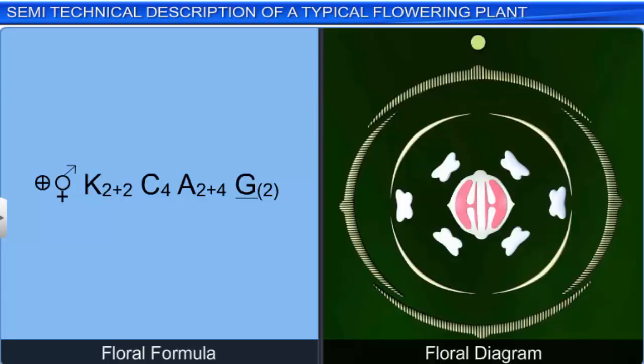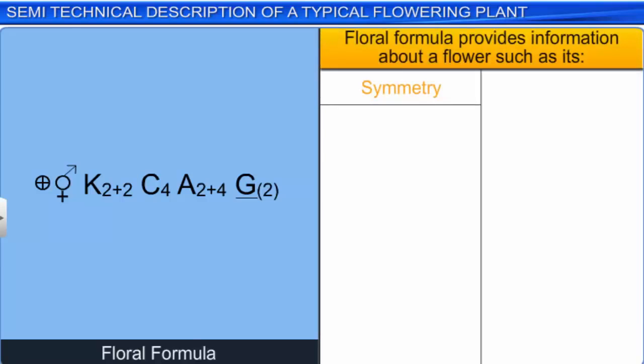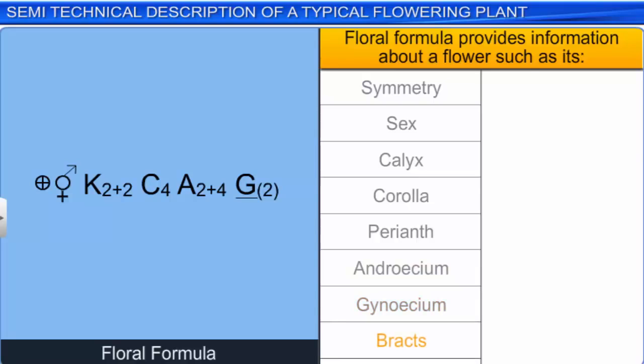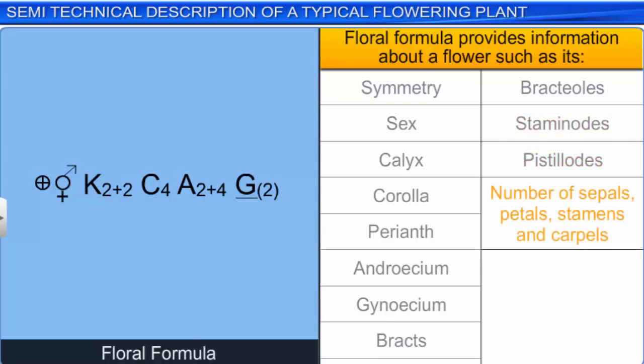The floral formula is represented by a set of symbols and provides information about a flower such as its symmetry, sex, calyx, corolla, perianth, androecium, gynoecium, bracts, bracteoles, staminodes, pistillodes, and the number of sepals, petals, stamens, and carpels.